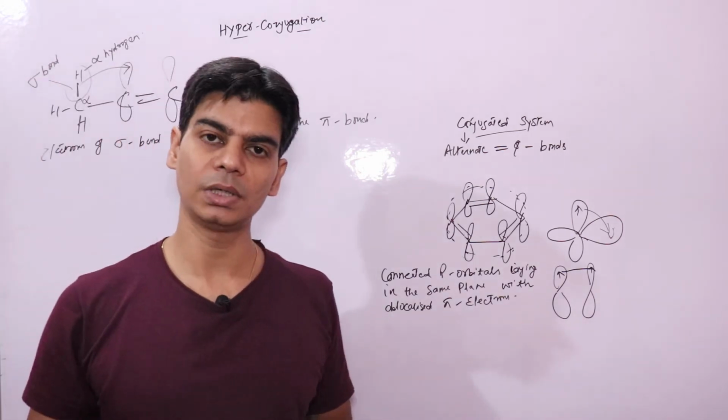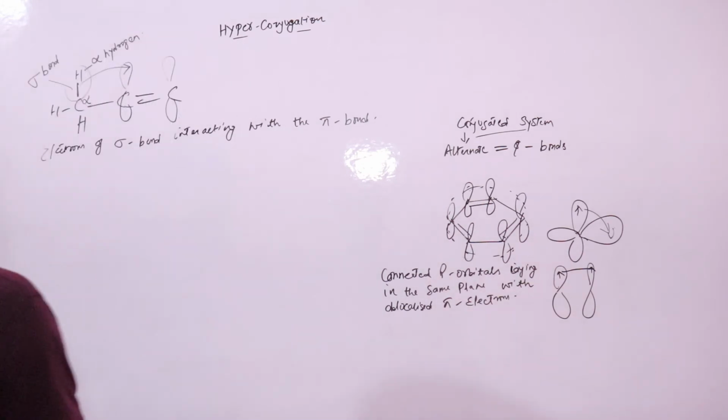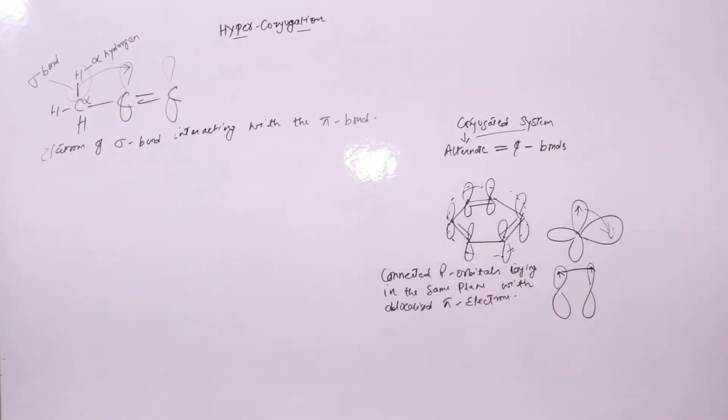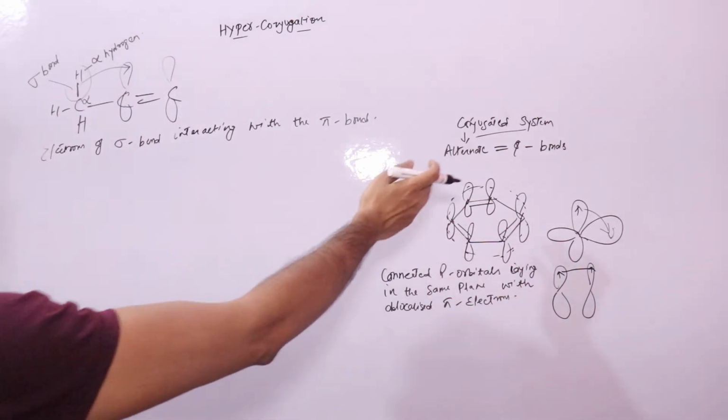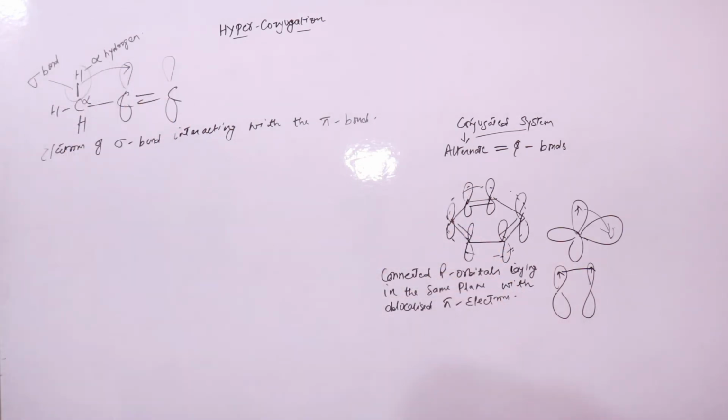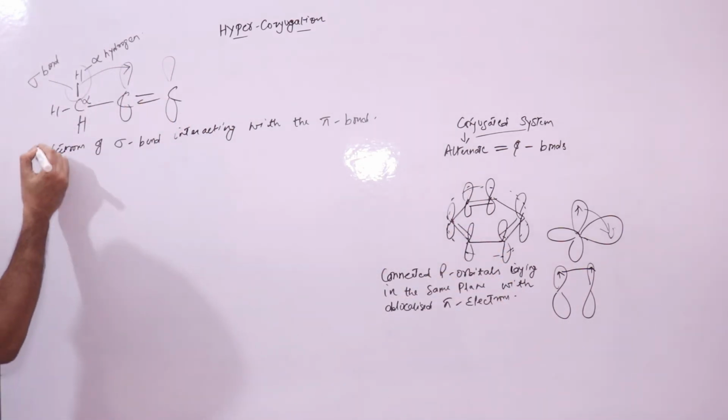Electrons of the sigma bond are interacting with those of the pi bond. That is why we don't call it a conjugation, but we call it hyperconjugation.